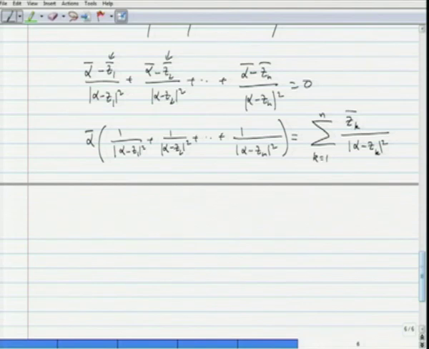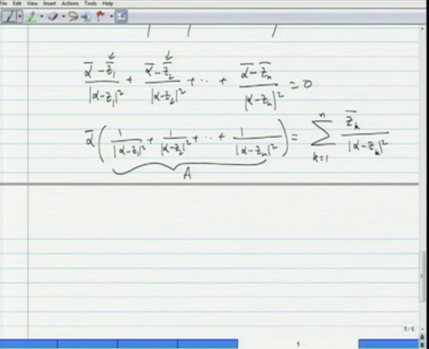Now notice that this is a real number, let us call that a, and the coefficient of zk bar is also a real number, so let us call that ak.